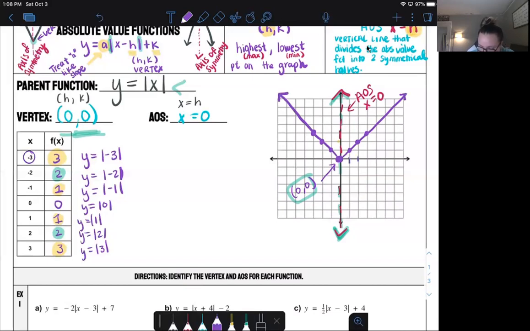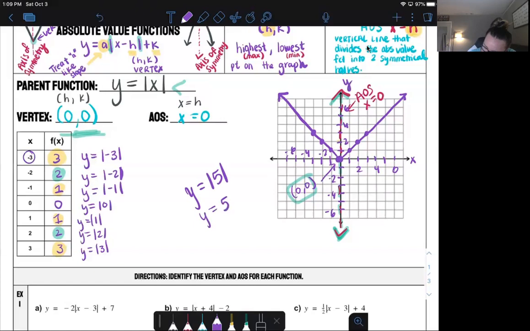See, one thing we need to do, obviously, is label our graph. So what happens if I plug in 5? Well, what's the absolute value of 5? 5.